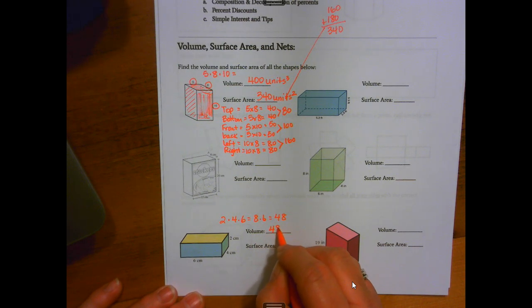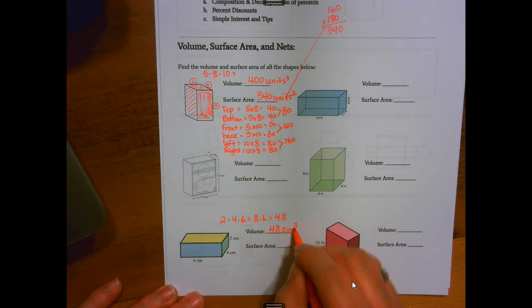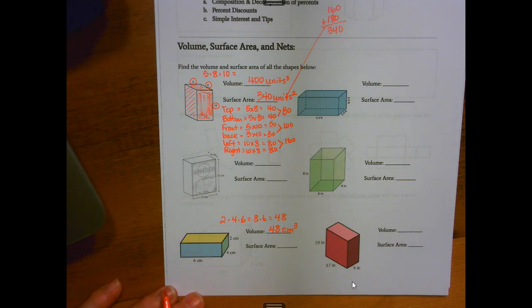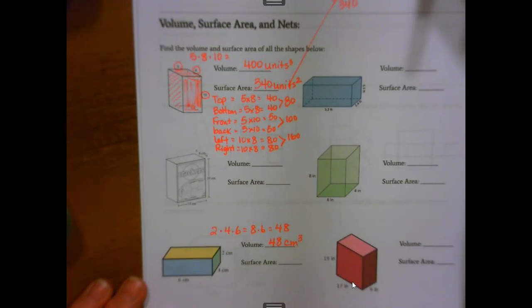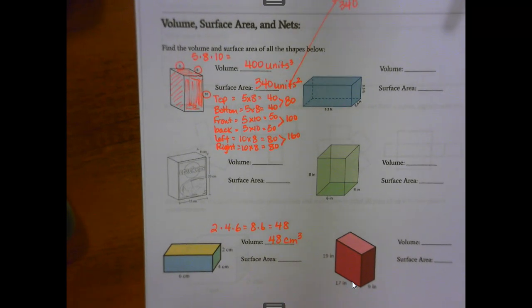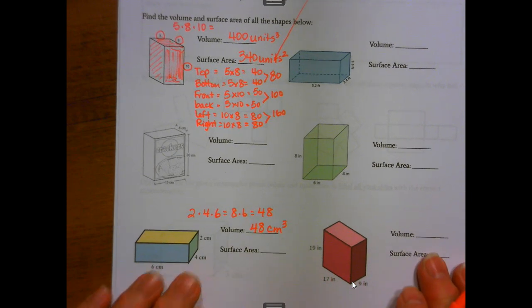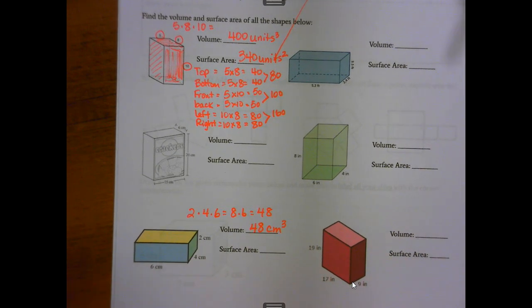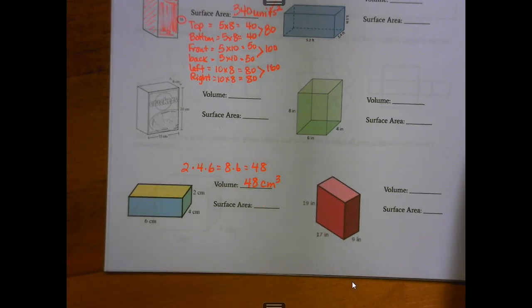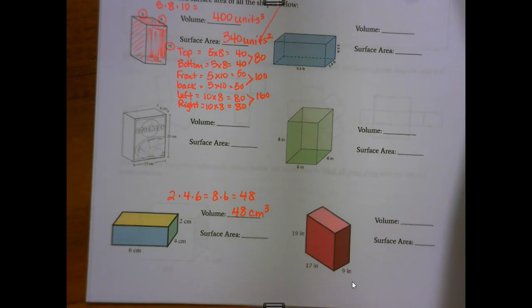So my volume is 48. This time I have centimeters, and I want to make sure that that is labeled as cubed as well. Then I'm going to move this around just a little bit so you can see the bottom edge of this paper better.